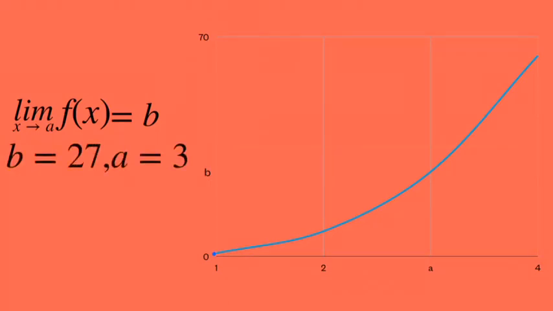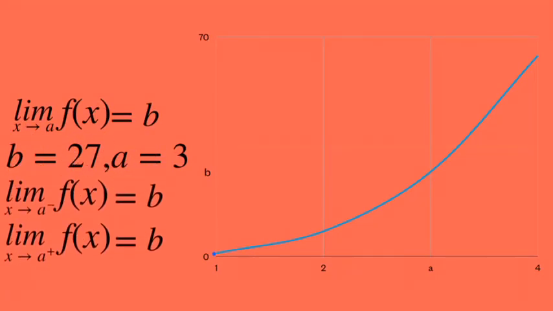And for your information, b equals 27 and a equals 3. This is a continuous function, right? It just so happens that this limit is f of a, which is the y-coordinate. So these are the one-sided limits.